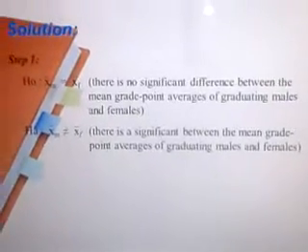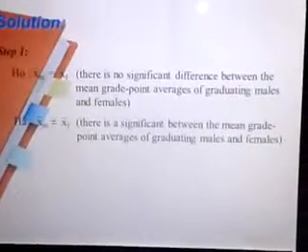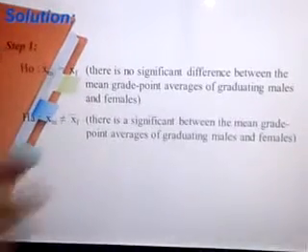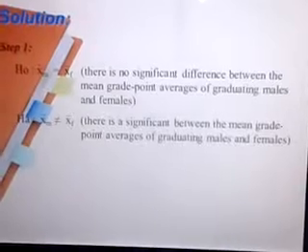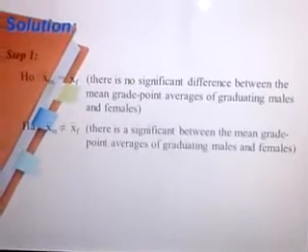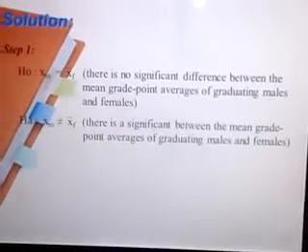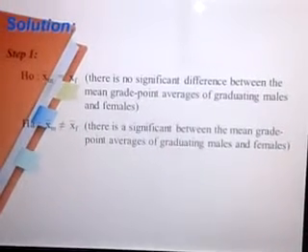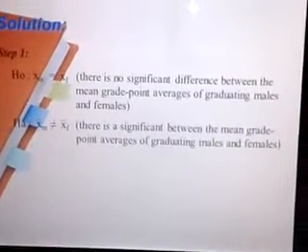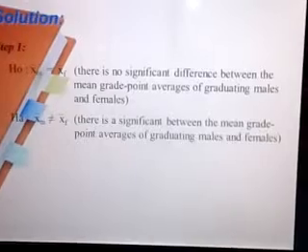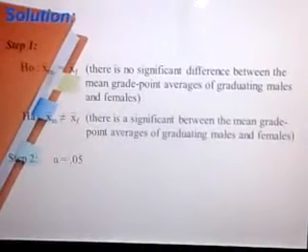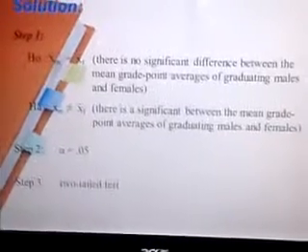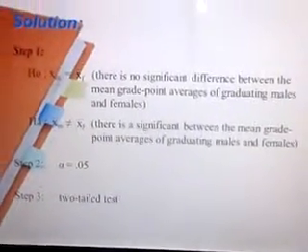So step 1, our null hypothesis: there is no significant difference between the mean grade point average of graduating males and females. Our alternative hypothesis: there is a significant difference in the mean grade point average of graduating males and females. For the level of significance, it is a two-tailed test.